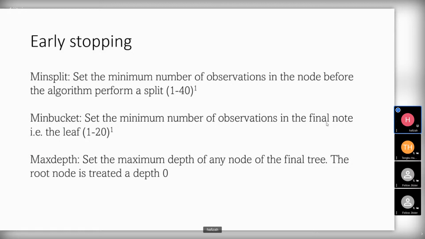The root node is set at depth 0. If you set a larger value, our tree will become very big or long. So we can set how many depths we want in our tree.